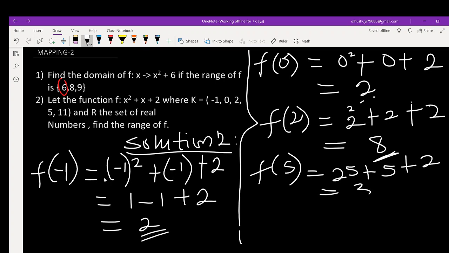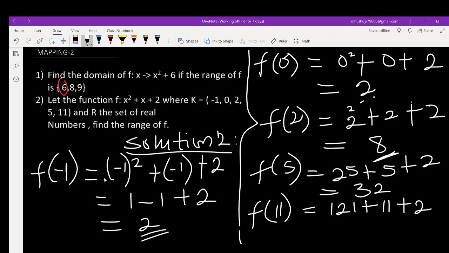That should be 32. Then f of 11. I have 11 squared, 121, then plus 11, then plus 2. That will be 121 plus 11 is 132, plus 2, that should be 134.